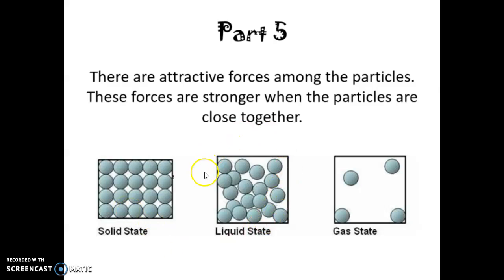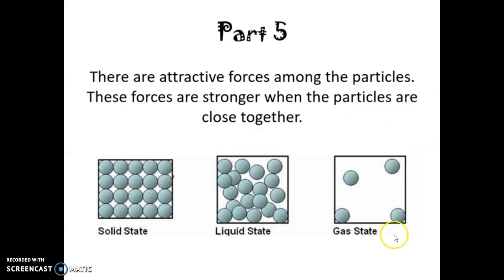When something is in the liquid state, like water, if you were to pour water on the table, the water particles would spread out and kind of take the shape of the top of the table, because they're not stuck together as strongly as something that's solid. But it's not like the water's just going to float everywhere in the room. Those water particles still stay together on the table, and that's because there is some attraction still between those particles.